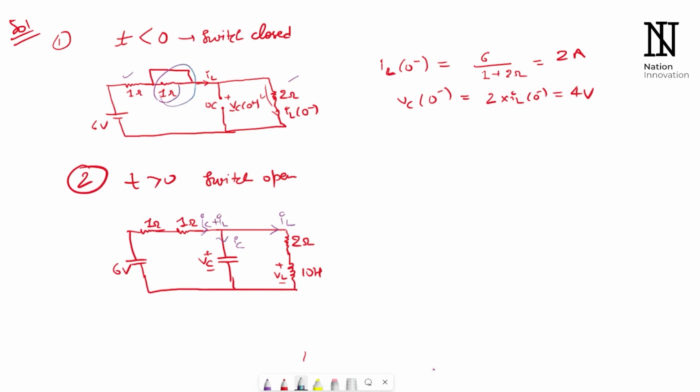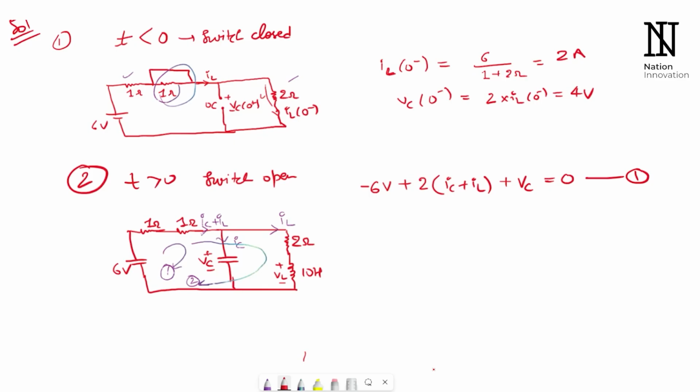Now the approach is, we will have one KVL equation in the first half of the loop, and the second across this. Let us write the equations. For the first loop, starting from the 6 volt supply: minus 6 volt plus twice of (IC plus IL) plus VC equals 0. This will be my first equation.